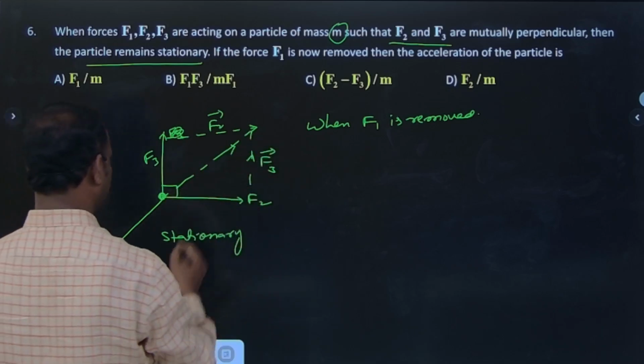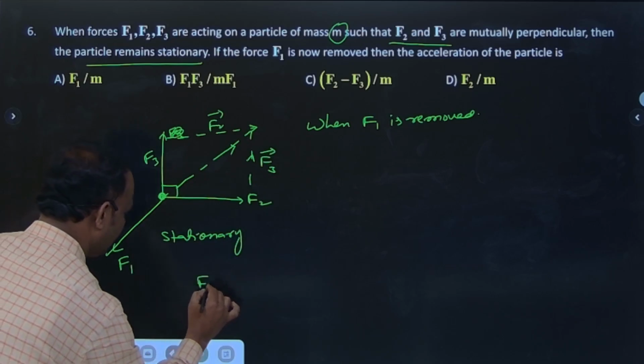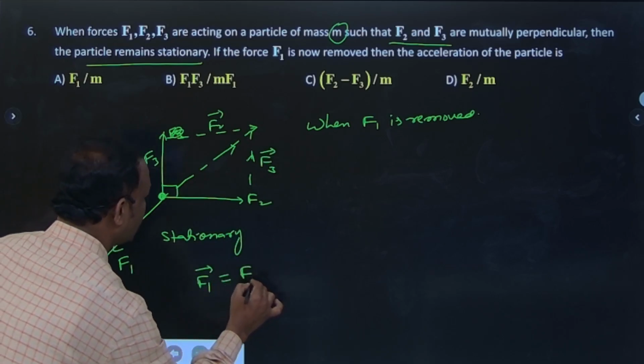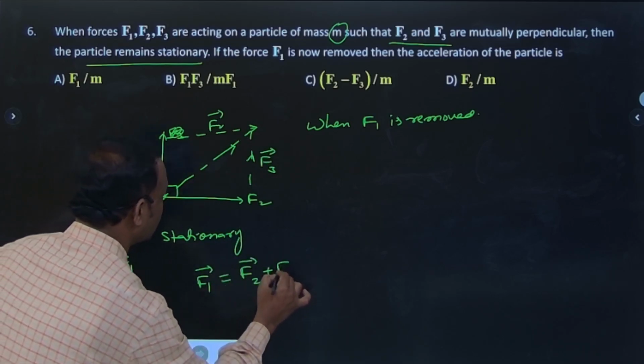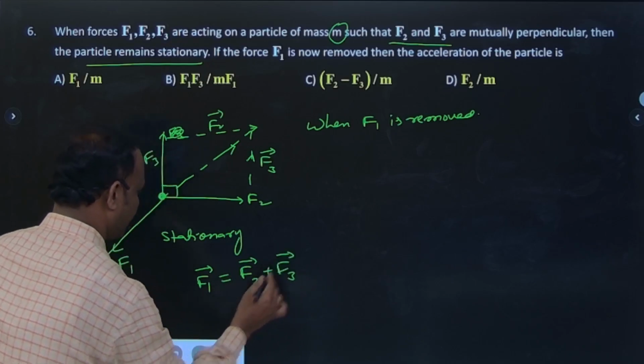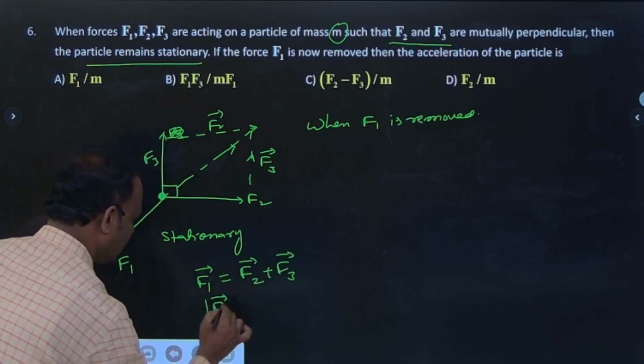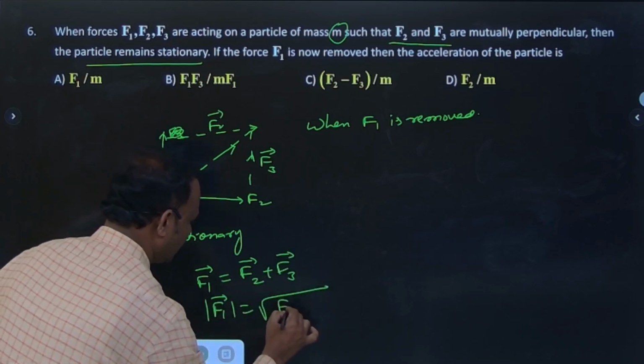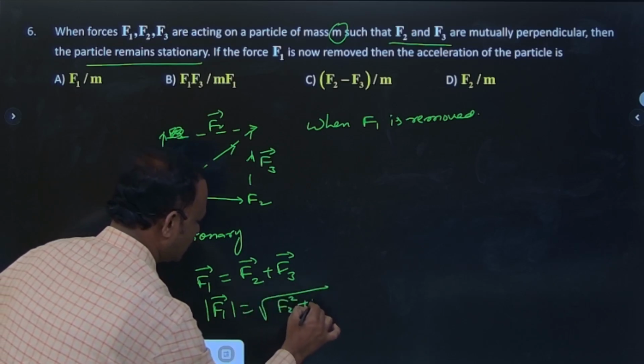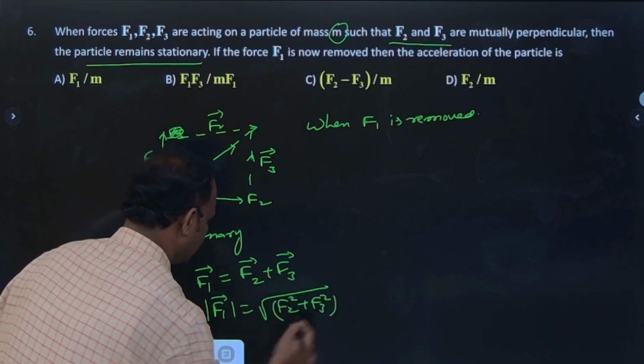So F1 bar is equal to F2 bar plus F3 bar. The magnitude of F1 bar is equal to under root of F2 square plus F3 square.